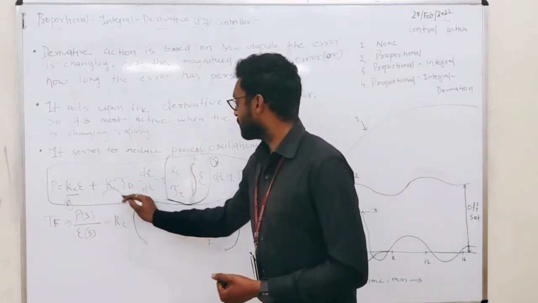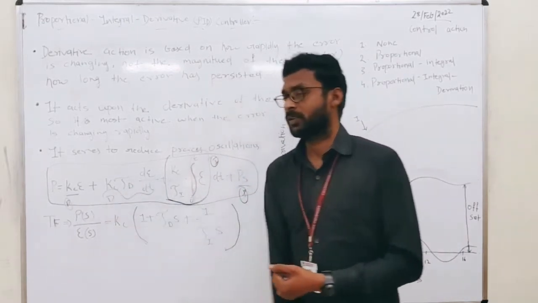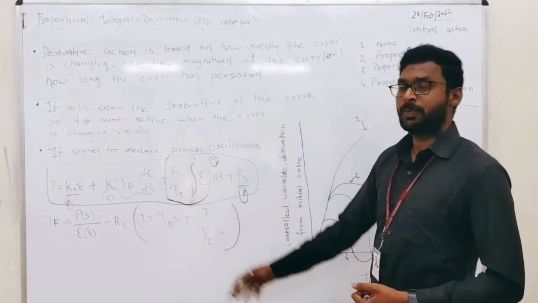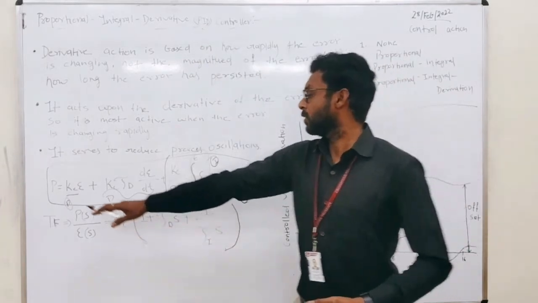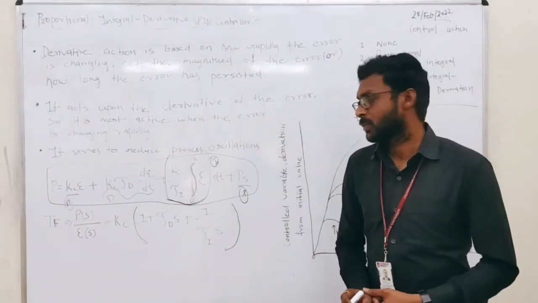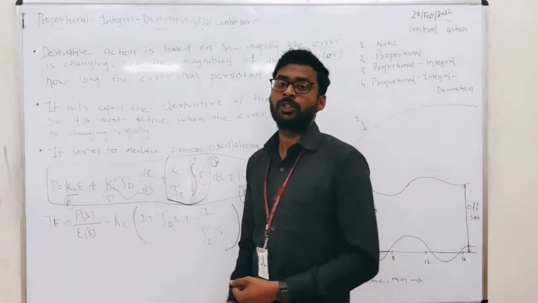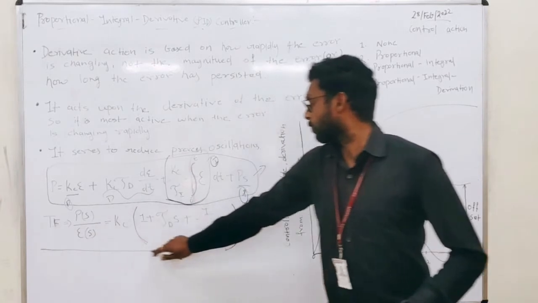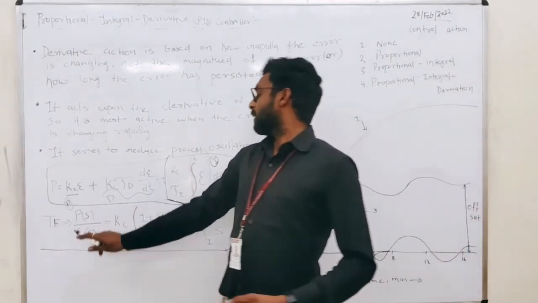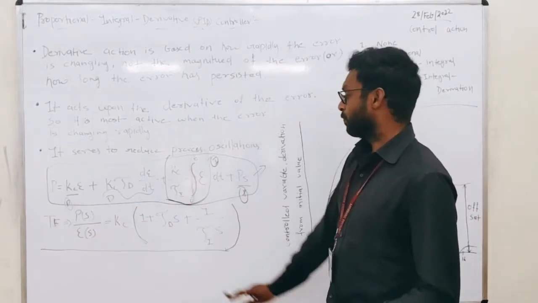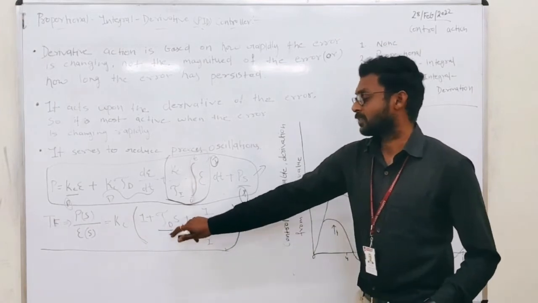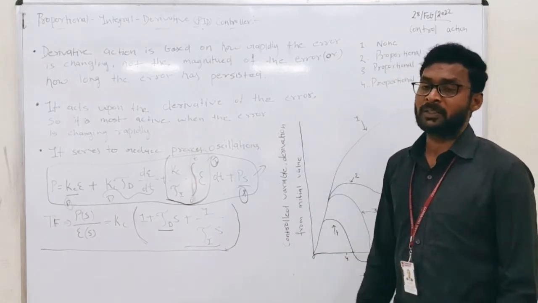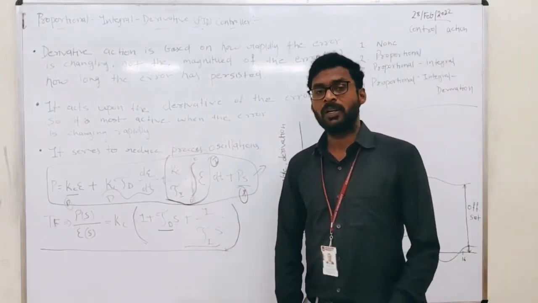And finally, this term is the derivative action of the controller. So P, I, and D. The combination of the proportional, integral, derivative controller equation looks like this. Now, if you want to find the transfer function, apply the Laplace transform to this equation, then you will find the transfer function of the PID controller as P(s)/E(s) equals Kc times (1 plus tau_D s, the derivative controller action, plus 1/(tau_I s), the integral controller action).